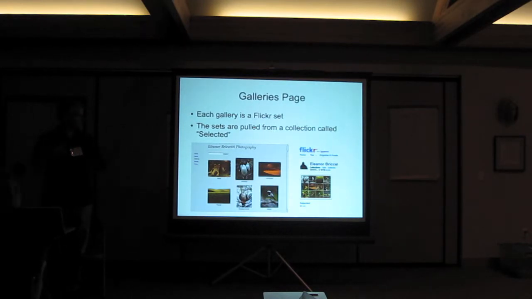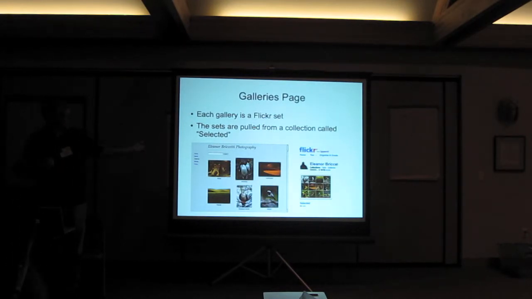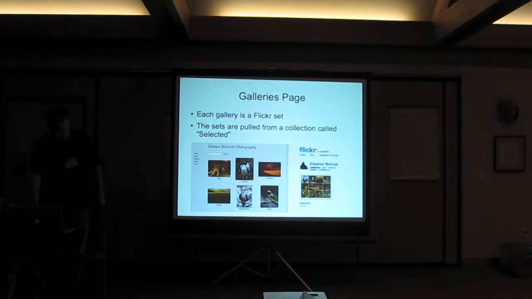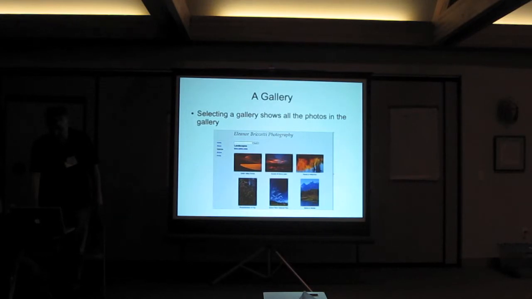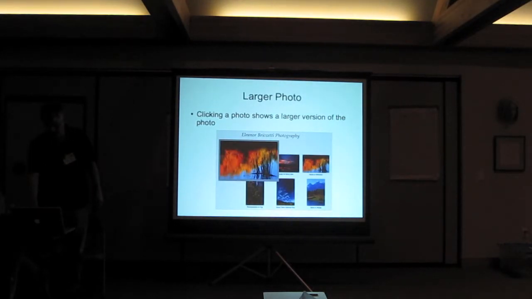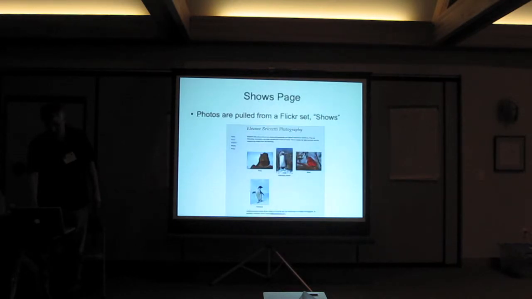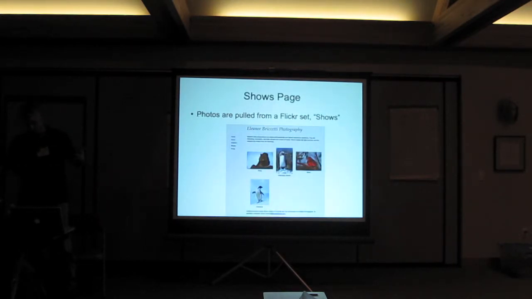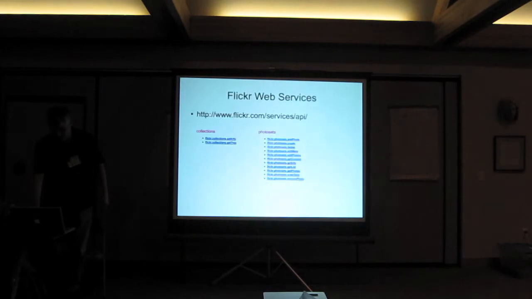So if you want to use this tool, you make the various collections and sets on Flickr, and then you're all set to go. Picking a gallery shows all the photos in the gallery, and it shows this with the JavaScript code there. She has a shows page, and this is just pictures pulled from another set.